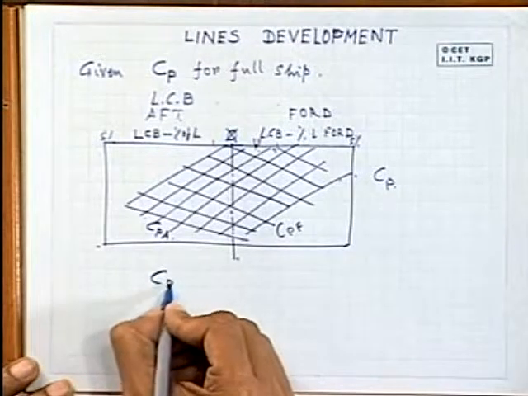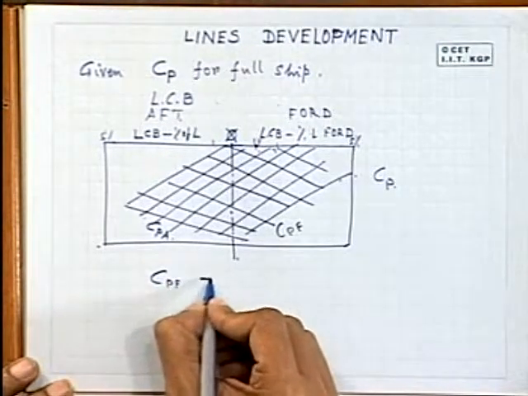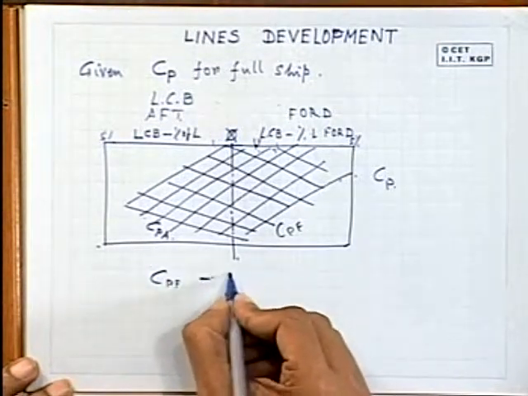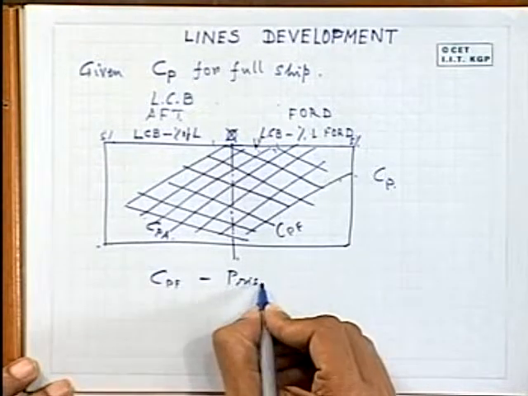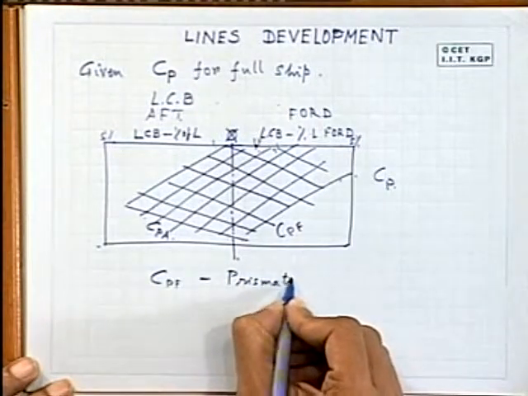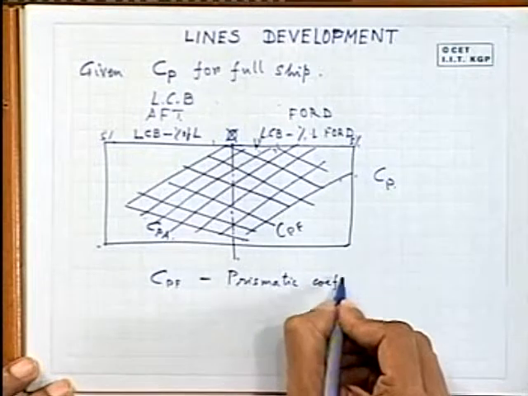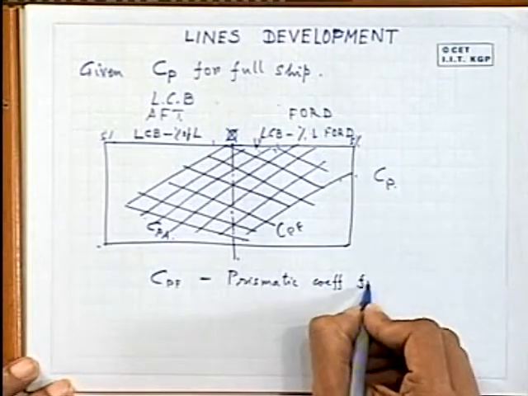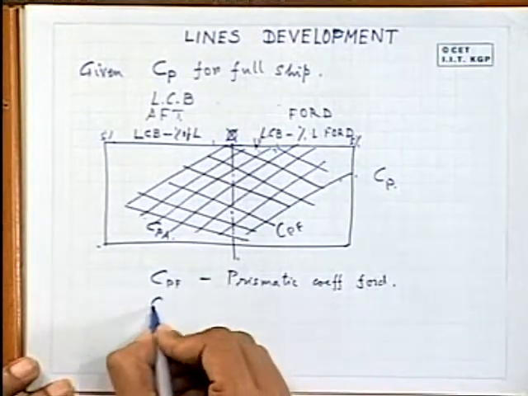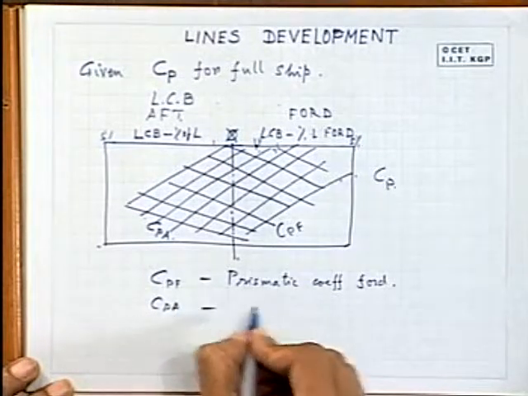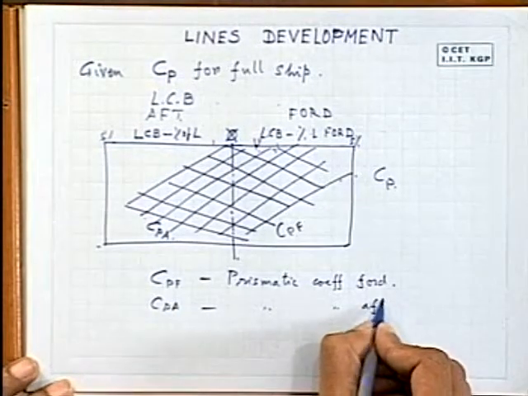So CPF is the prismatic coefficient forward, and CPA is the prismatic coefficient aft.